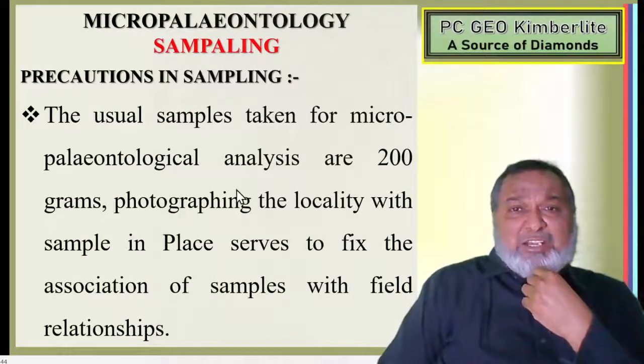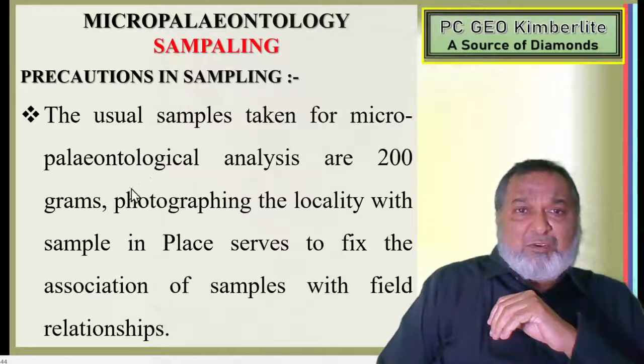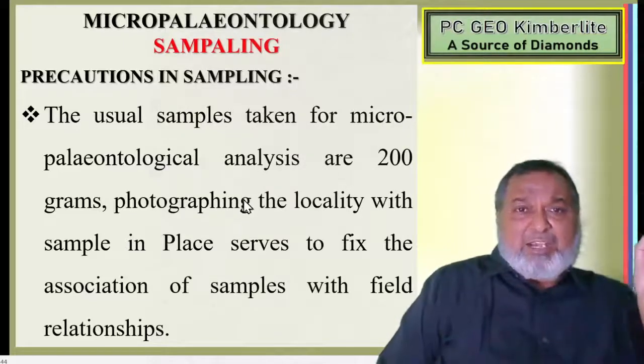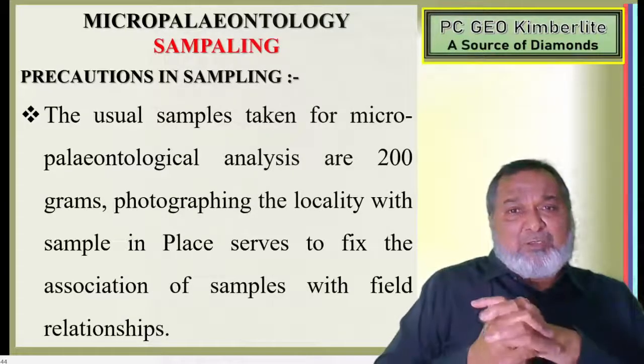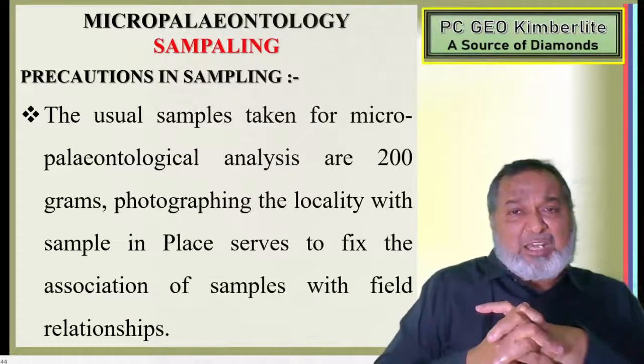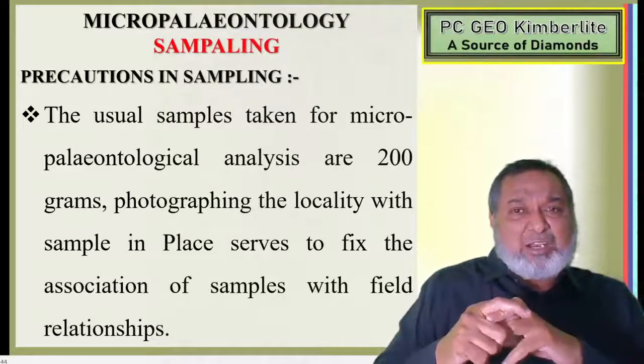The usual sample taken for micropalynological analysis is 200 grams. Photographing the locality with the sample in place serves to fix the association of the sample with the field relation. So keep in view that if you require micropalynological analysis, the sample should be at least 200 grams.